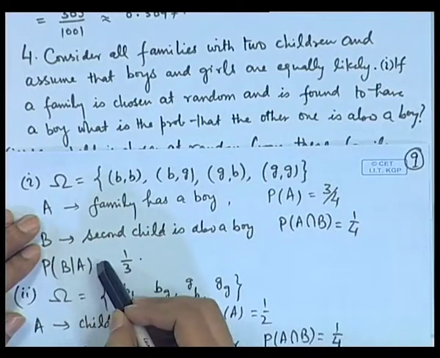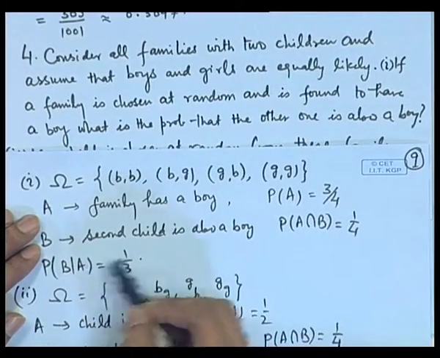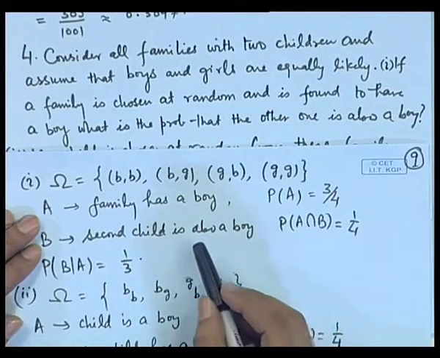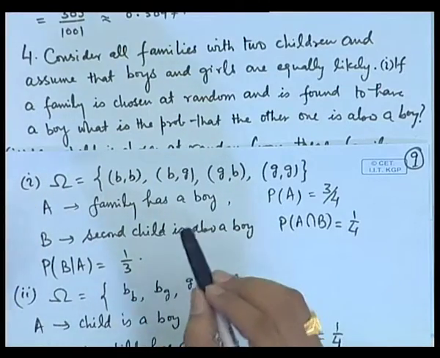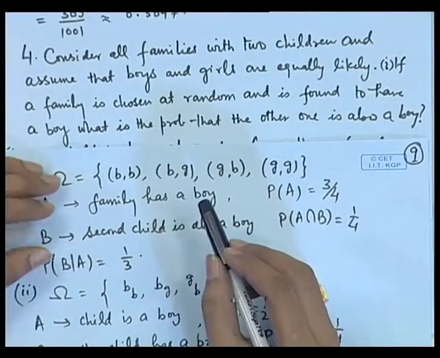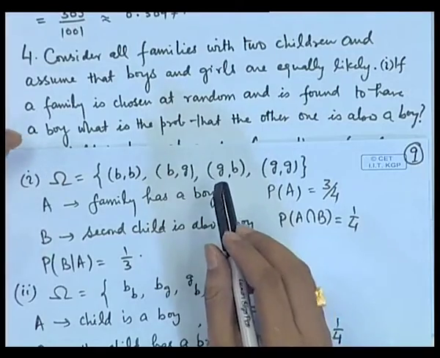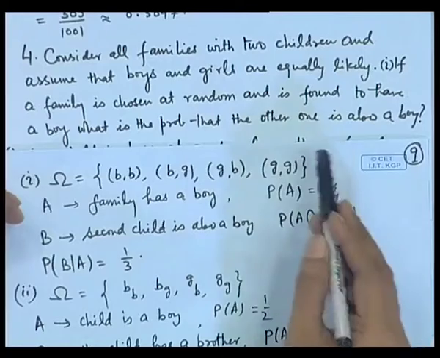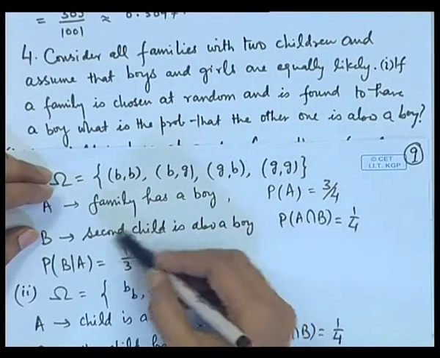So if I take the ratio of the probability of A intersection B with the probability of A, we get the probability of B given A as 1/3. That means if in a randomly chosen family a boy is found, then the probability that the other one is also a boy is 1/3.